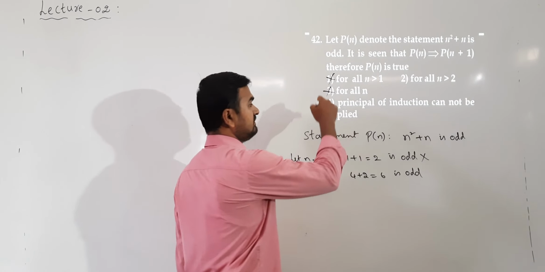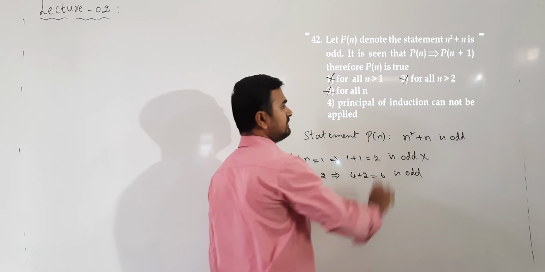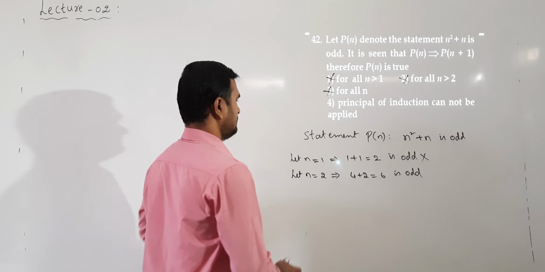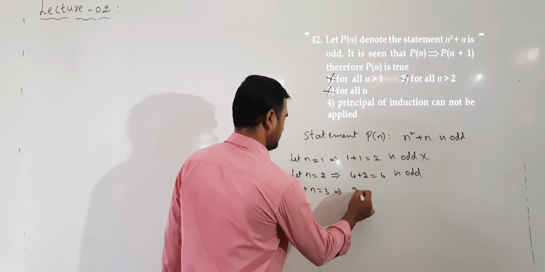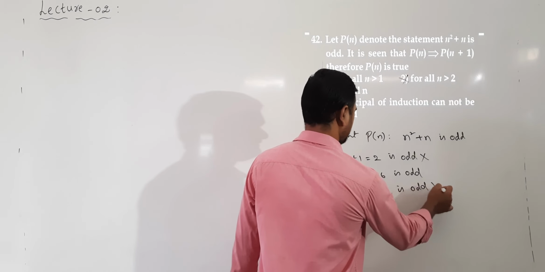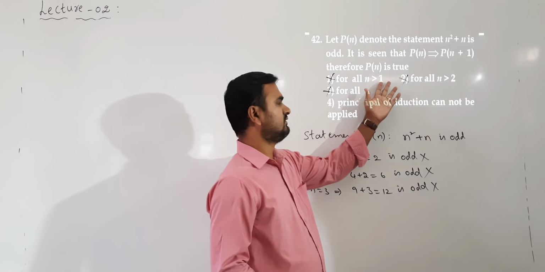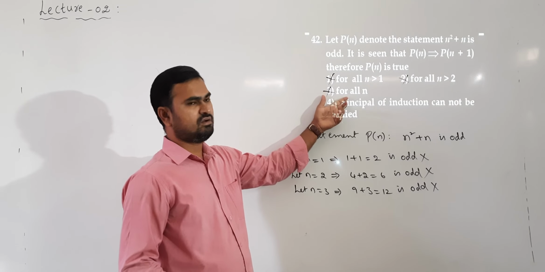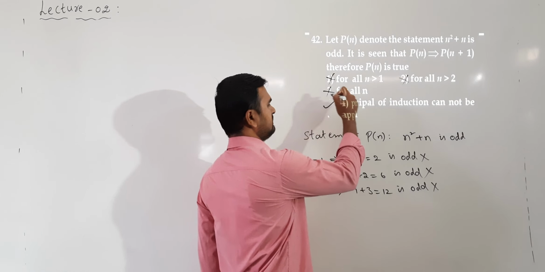No, so n greater than 1 we cannot take. n greater than 2 we also cannot take, because suppose n equal to 3, 9 plus 3 is 12, and saying it is odd is also wrong. So the first three options are wrong, which means the fourth option will be correct.